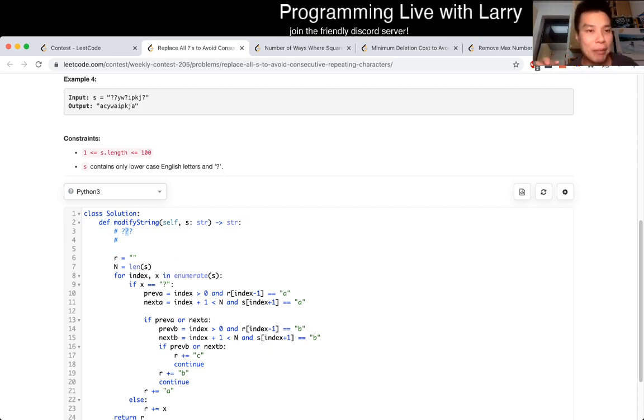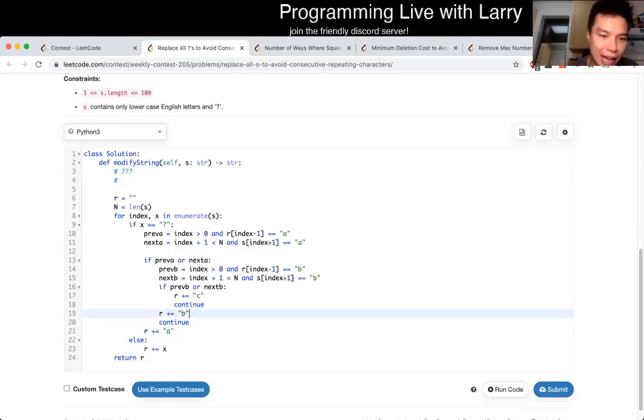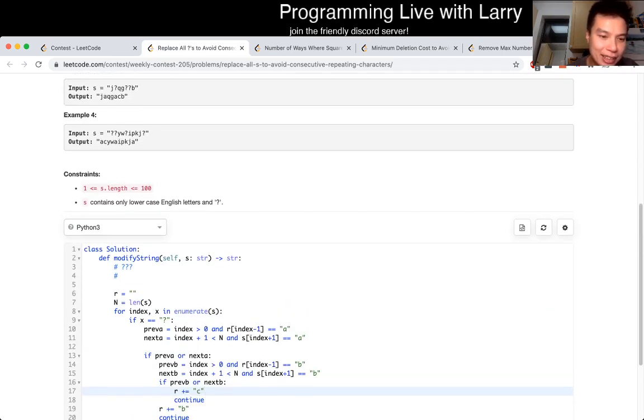But what that means as well is that, at worst, with the pigeonhole principle or whatever you want to call it, this could at most be A, or let's say, and I chose a greedy way, so you use A, B, and C, but you could do it with any number of characters. But let's say in this case, if this is A, this is B, then this has to be C, right? And that's pretty much the concept that I used to solve this problem.